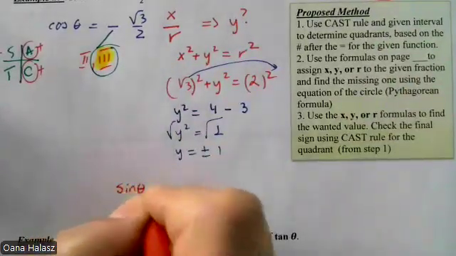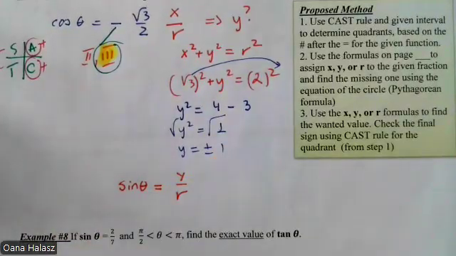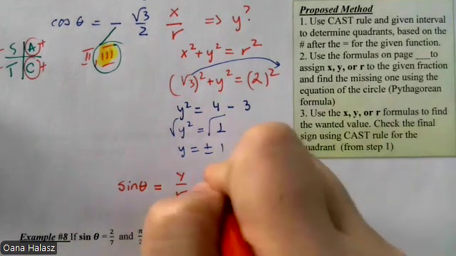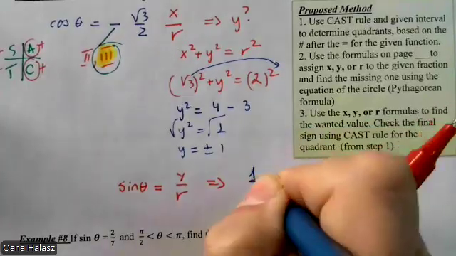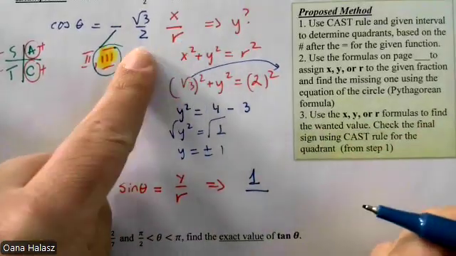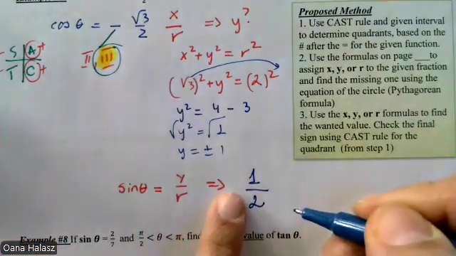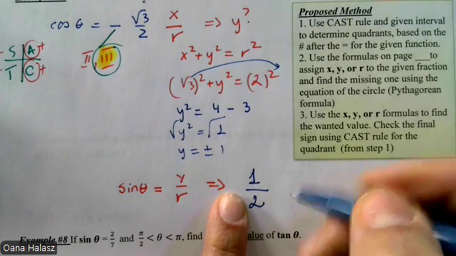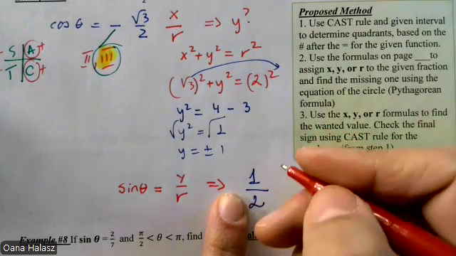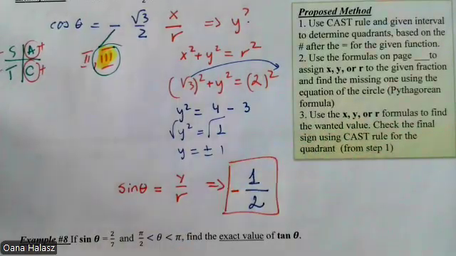The sine of theta formula is y over r. y is 1. r is 2. All I have to do is decide the quadrant sign. For sine values in quadrant 3, are they negative or positive? Negative. And that's the final answer.